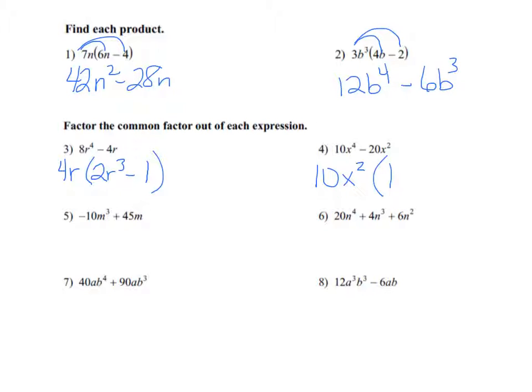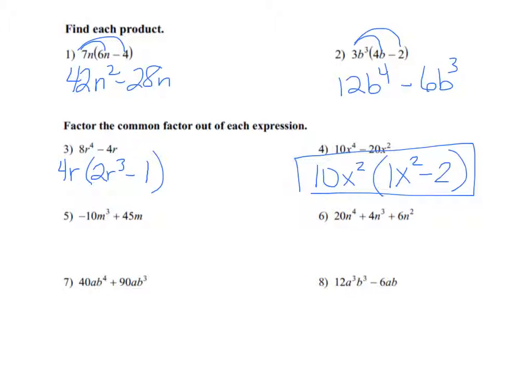And the x to the 4th, but I pulled 2 of them out, so I still have an x squared left. That 1 is optional. We typically wouldn't write that unless that was the only thing there. Minus 20 divided by 10 is 2. It was an x squared, but I pulled the x squared out, so that's all I've got. So we're just practicing this idea of pulling out a GCF.